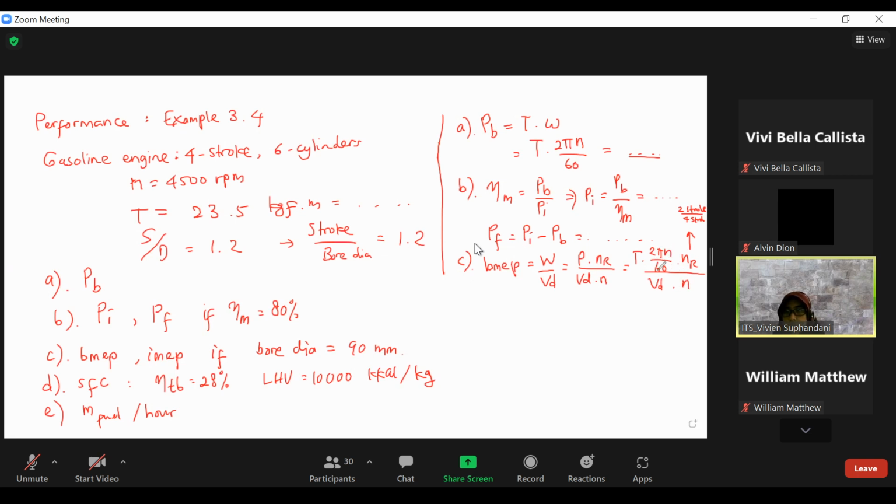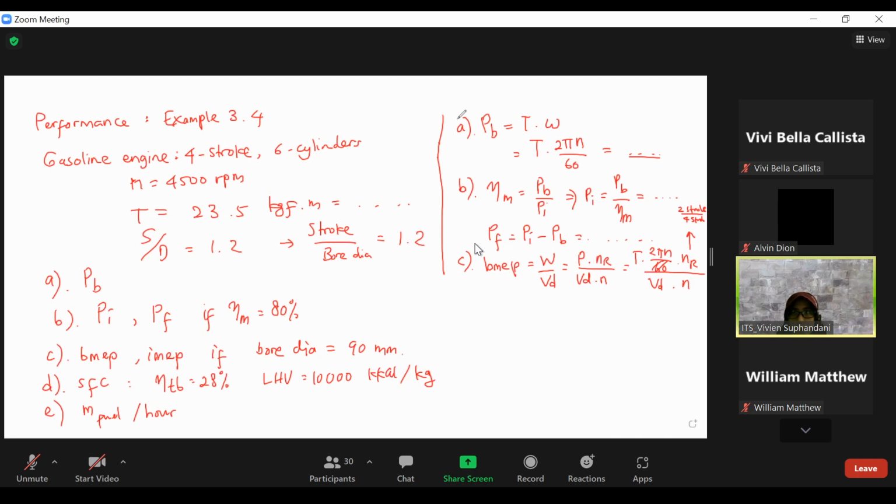Okay, so that will cross that out. We should check for the unit, whether this is in RPM already. So that will be the same as this one.